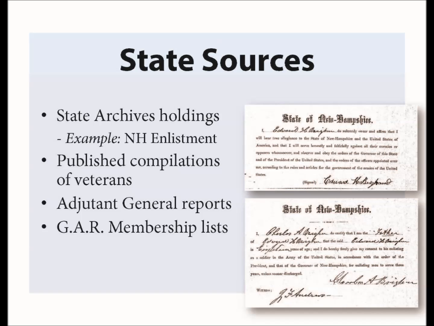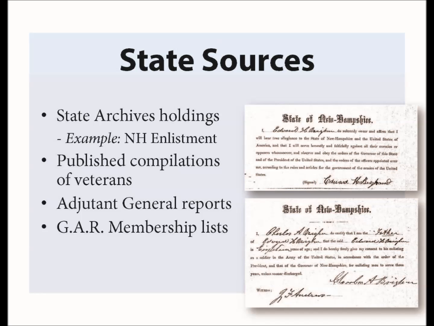We're going to talk now about state sources, and every state is going to be different on their holdings, but occasionally you're very lucky. What we have for New Hampshire on microfiche at NEHGS in our microtext department is a valuable collection of New Hampshire enlistment papers that have been microfiched. These documents include a clue that most genealogists seek in military records, the identity of a parent.